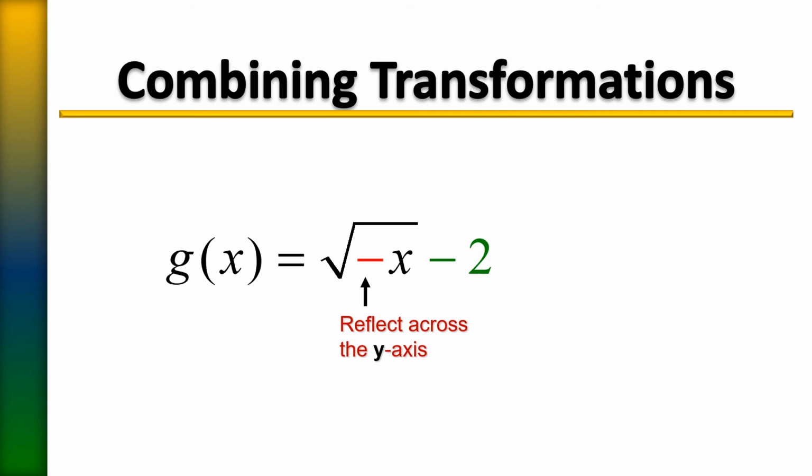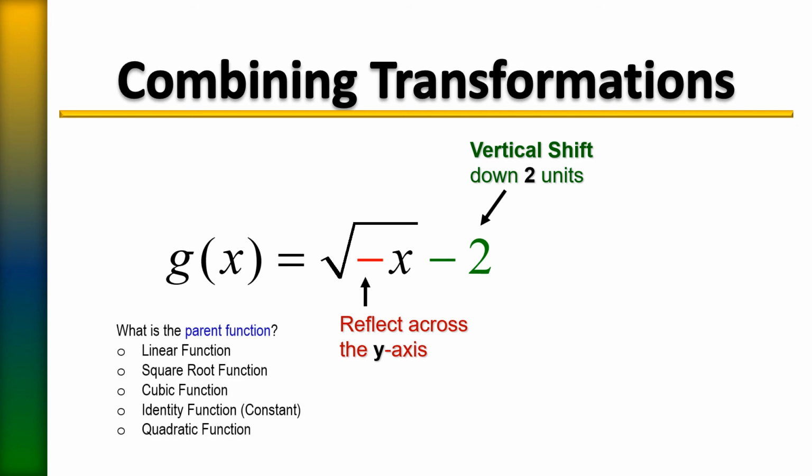If you said this is a vertical shift down 2 units, then you are absolutely correct. Now, can you tell me who's the parent? What is the parent function here? Take away all the transformations, and what are you left with? If you said the square root function, then you're absolutely correct. Good job. Let's move on.